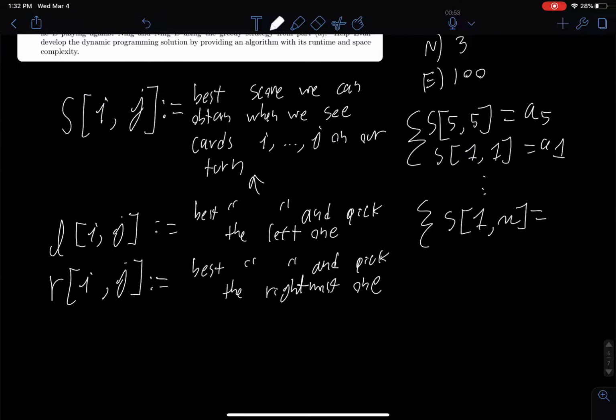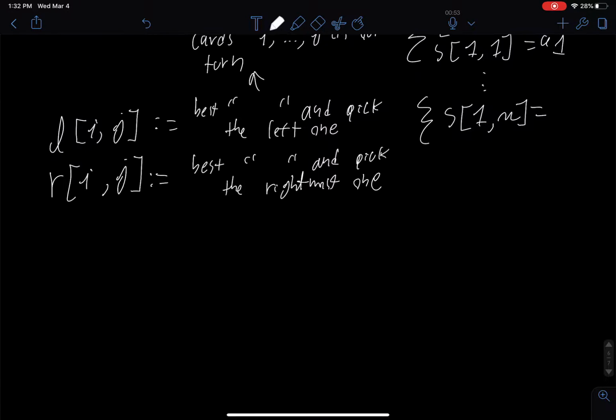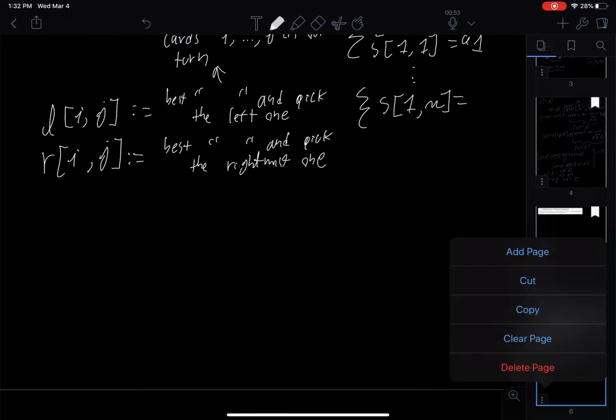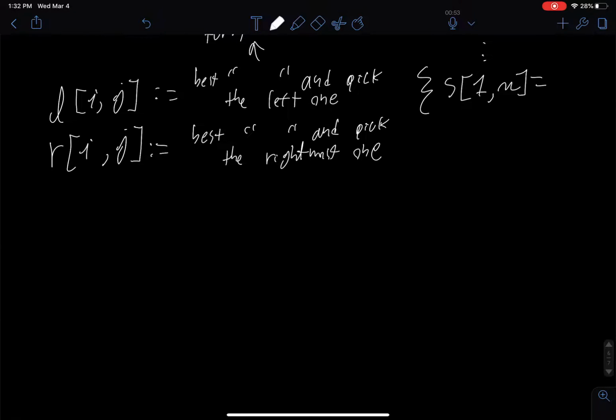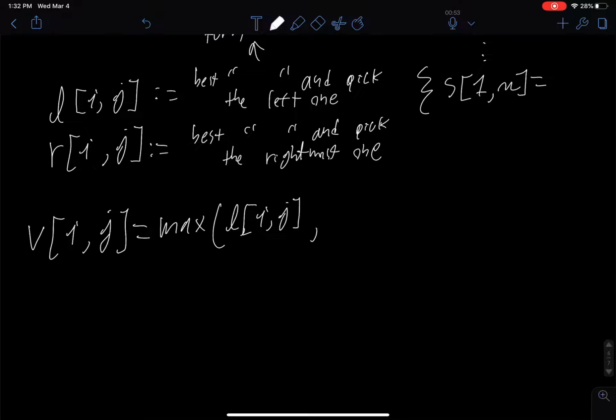Now, all we have to do is come up with some math to relate these subproblems to each other. The first thing that we'll write down, we'll go sort of top down, is to say that V sub ij is just equal to, I hope you can guess this expression, the max of L sub ij and R sub ij.